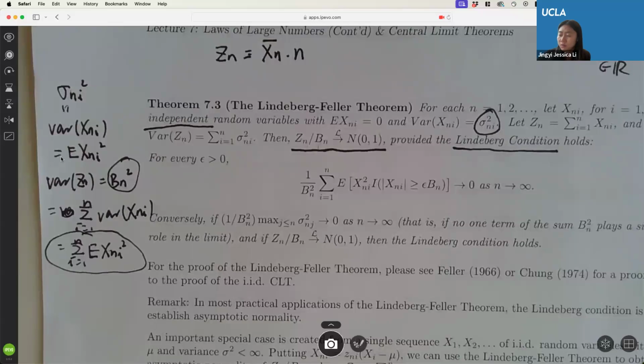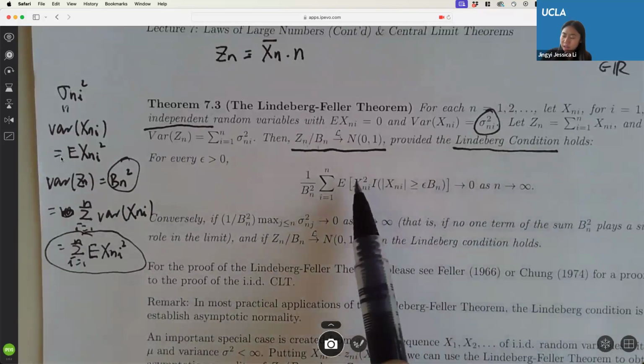But I have to acknowledge that this is a technical condition. This is a condition needed for the proof, and therefore it's formulated as this. Essentially, the take-home message: random variables cannot be too heavy-tailed. Especially if they're shifted to have mean 0, they cannot be too far away from 0.